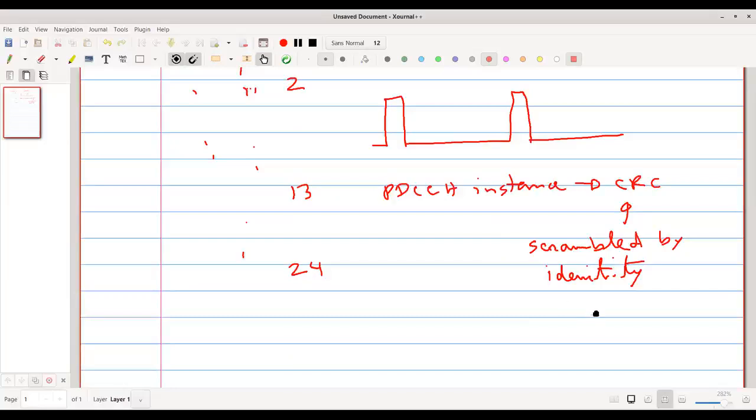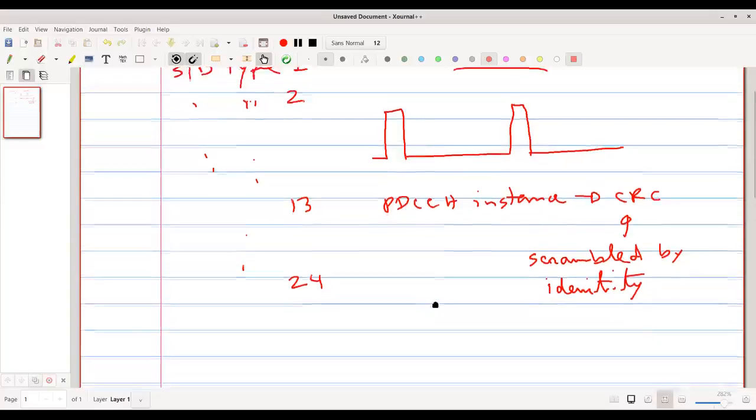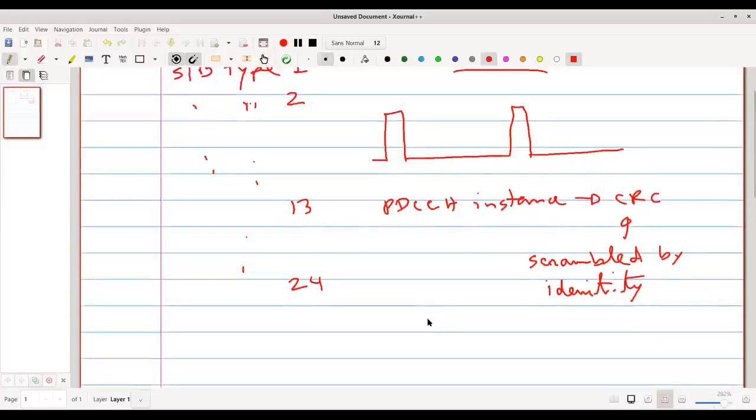However, when the network looks for someone, it uses a common identity. It has a fixed value. It's called P-RNTI. We have had that in the discussion on PDCCH, or when we were discussing data transfer.